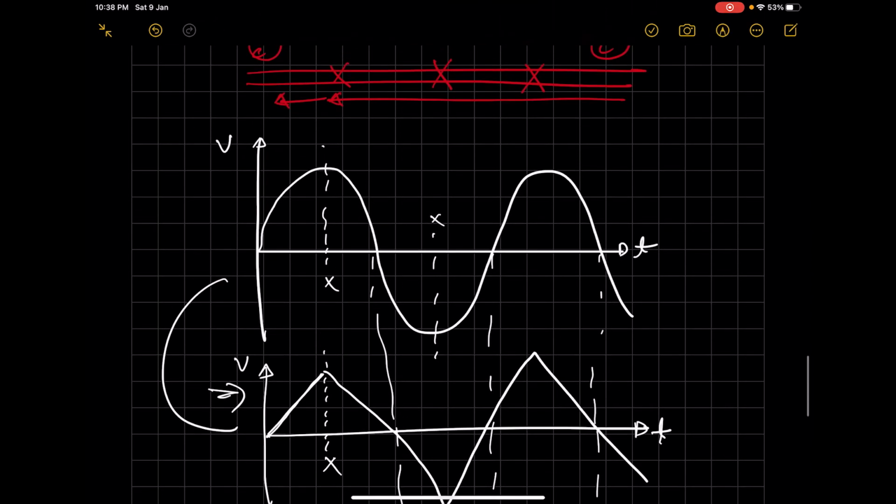But in the sine wave, the velocity of the electrons will increase quickly in the initial part of the time, and it will increase velocity slowly in the next part of the time. And that's the key difference between a sine wave and a triangular wave. In both the cases, the electrons will still go back and forth, and the electrons will start to decrease their speed exactly at the midpoint.